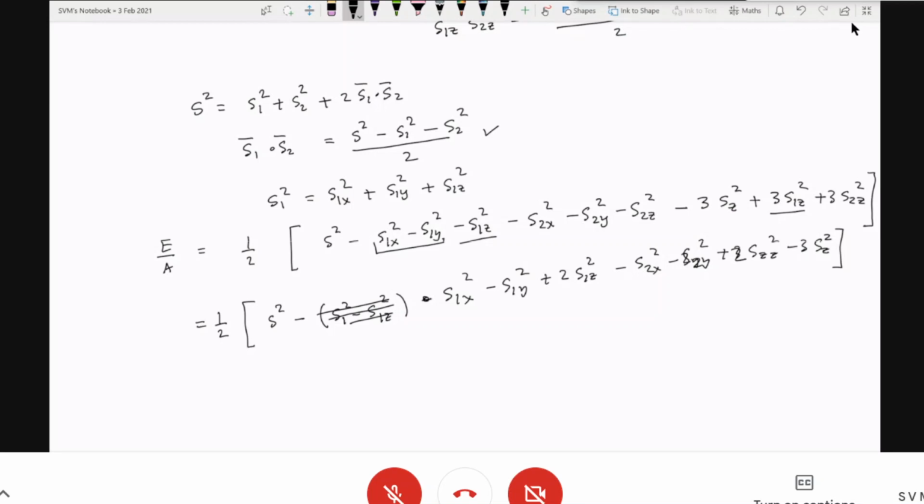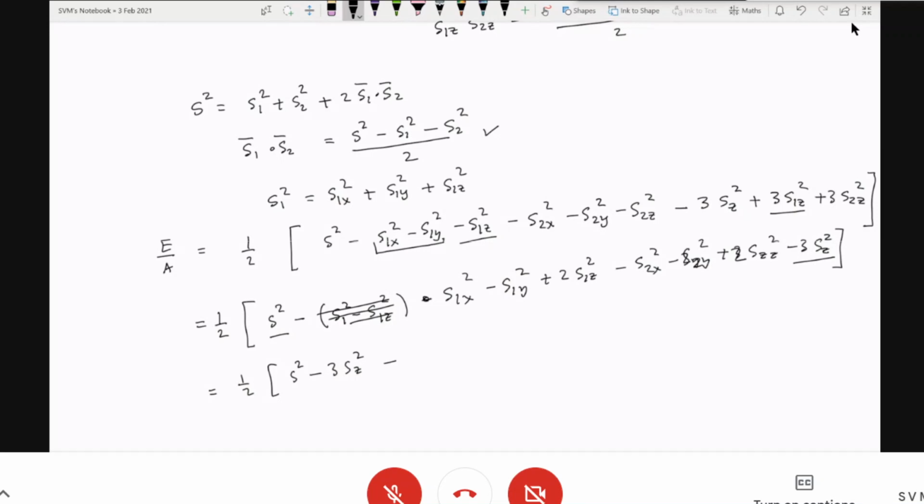This part S square is here and 3Sz square is here, so let me write them.